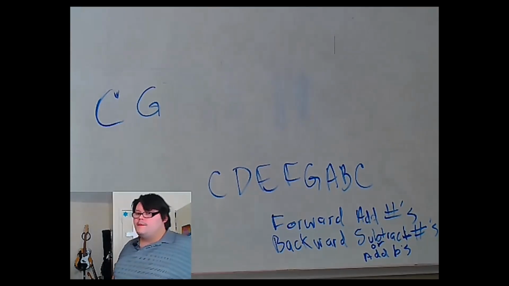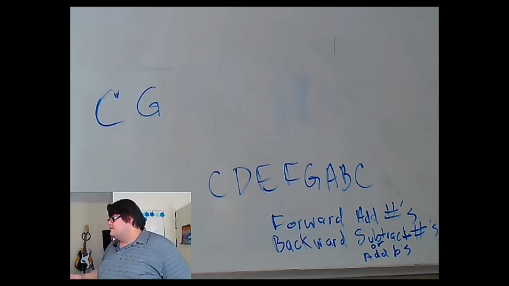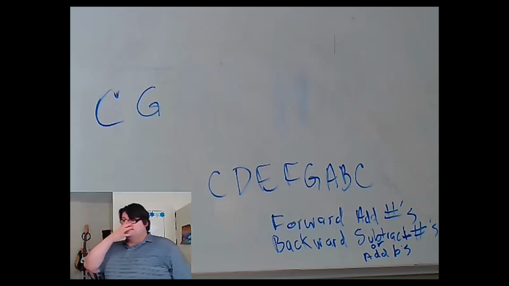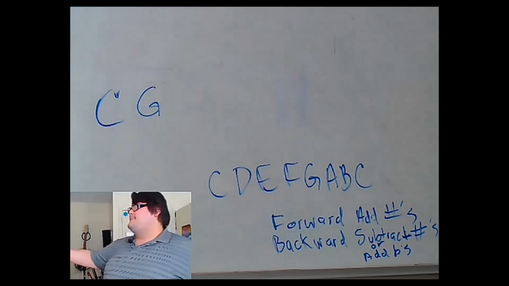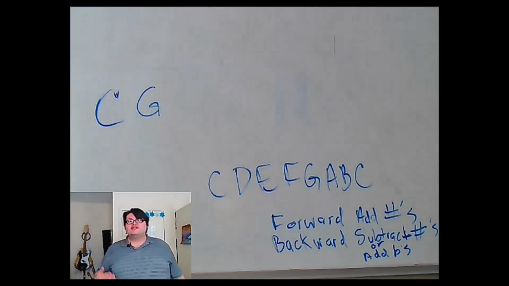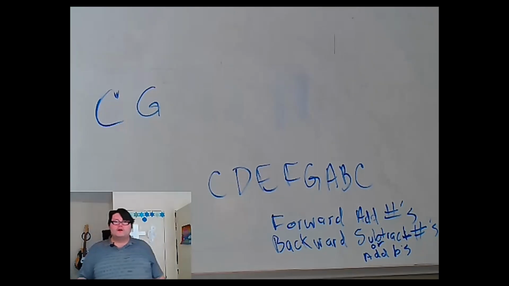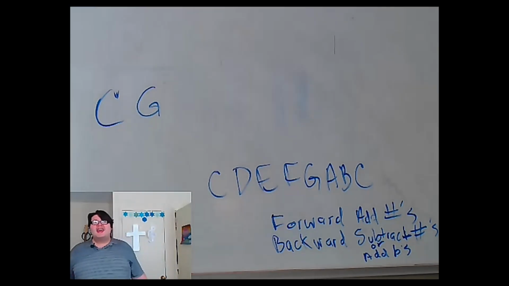Now I know it's small, but I'm sure you'll be able to see it. Making sure that it's viewable. So in this example, when we're going backwards, we're subtracting sharps, and we're also adding flats if there are no sharps.